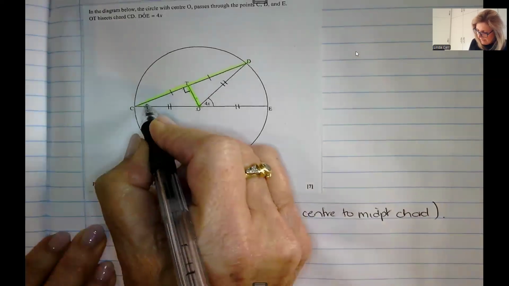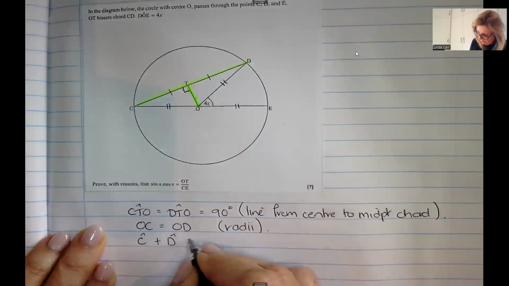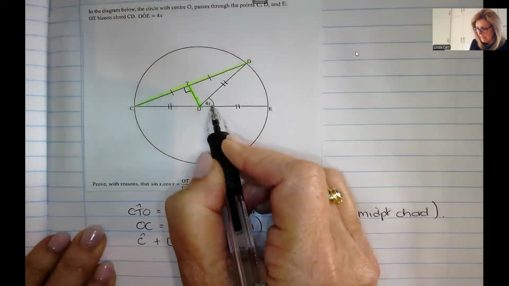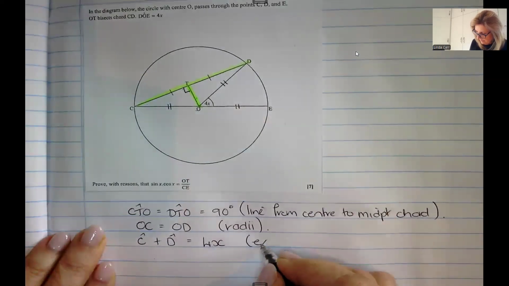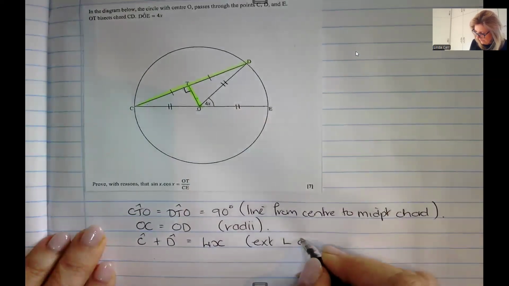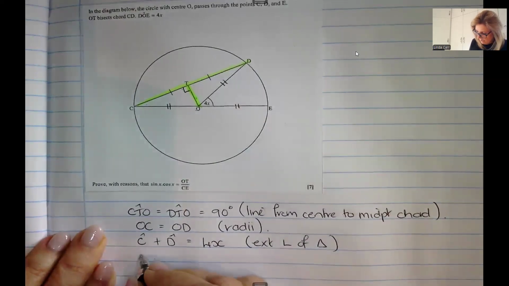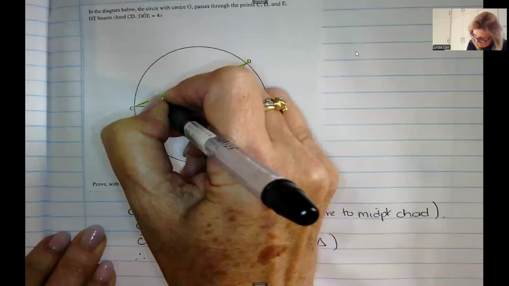We know that angle C plus angle D together, they are 4x because the exterior angle of a triangle is equal to the sum of the two interior opposite angles. So therefore, angle C and angle D are each 2x.